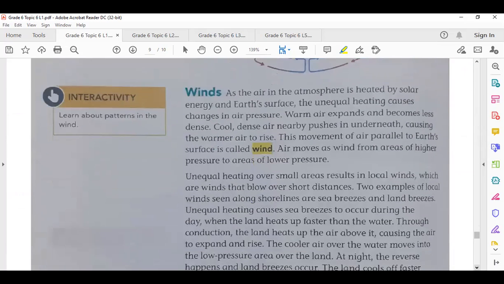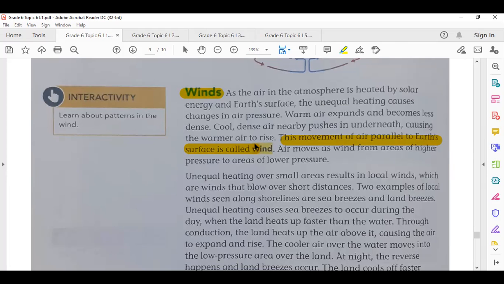Now the winds, also very important. For example, I want you to know three things about the winds. What is wind? It is the movement of air parallel to Earth's surface. This is the definition of wind. Simply, wind means the movement of air.